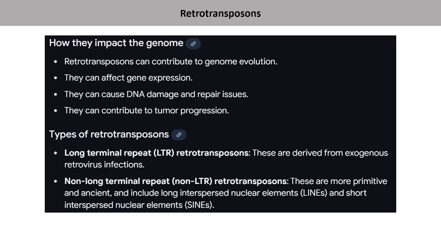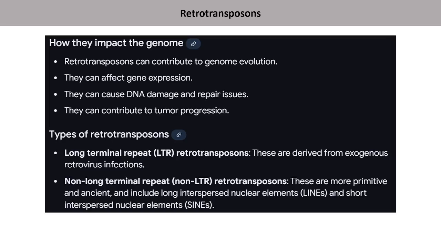That gene will either produce a misfolded protein, or that protein is going to be non-functional, or of some other form, or anything like that can happen. So there are chances that retrotransposons can lead to DNA damage or repair issues.